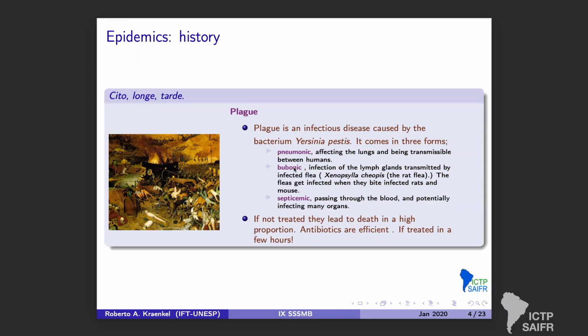So then, epidemics of plague. Plague has been one of the major diseases that has shaped human societies. Plague is transmitted by a bacterium, and it can be pneumonic, bubonic, or septicemic.